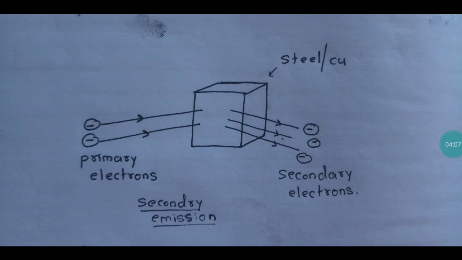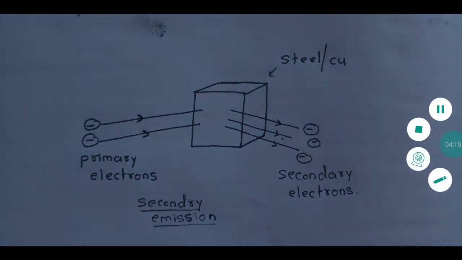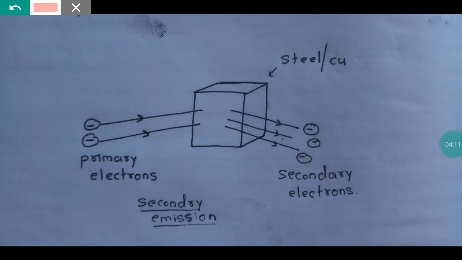What is done in this? In secondary emission, some primary electrons are thrown towards a material. This material can be steel or copper or any good conductor. The primary electrons are obtained from some other source. They are bombarded onto the surface of this metal.